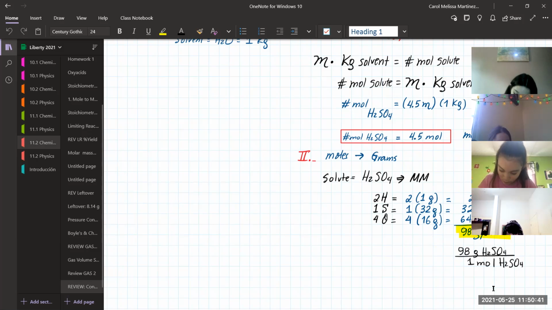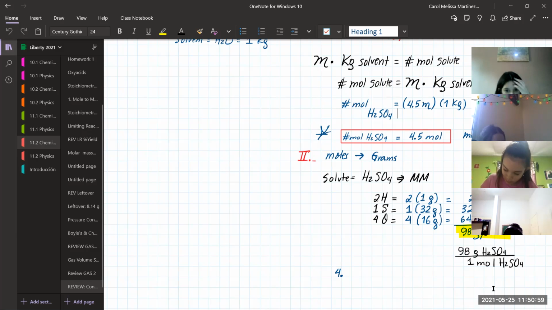So, after this, you perform the conversion process from the moles of solute to the grams of solute. So the moles of solute is the amount of moles that we got in the step before. These are the number of moles. Okay?